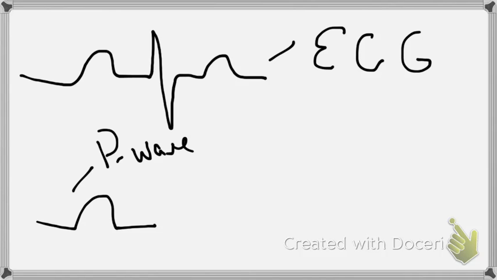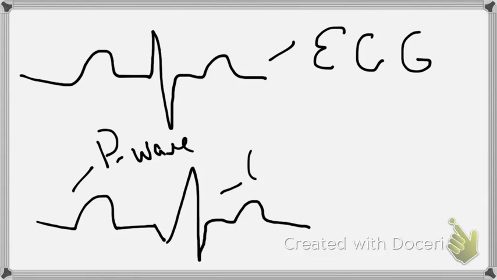Now we go on, and we have the QRS complex like this. This is the QRS complex. The QRS complex represents ventricular depolarization. So when you see this on an ECG, you should be able to feel a heartbeat.